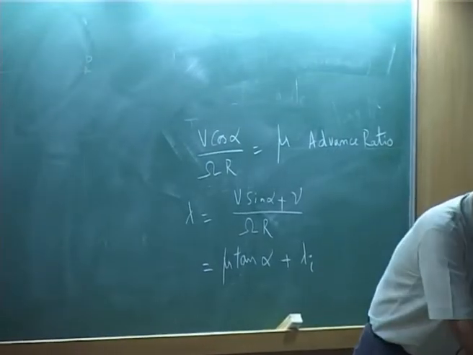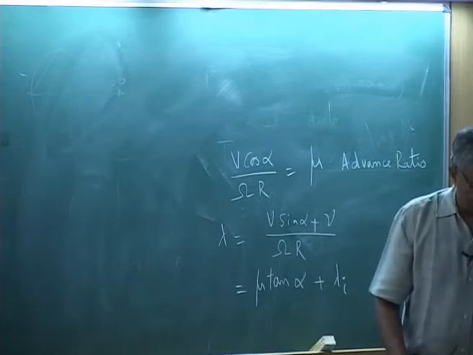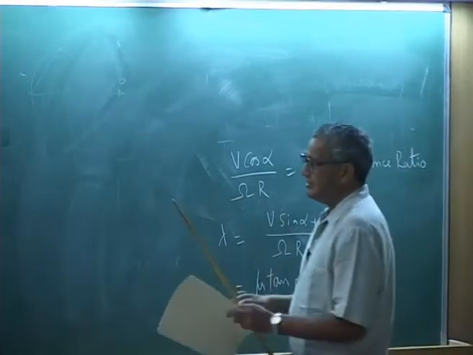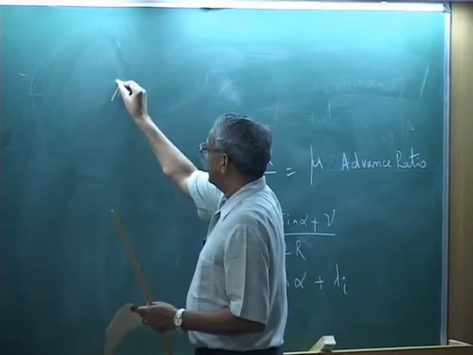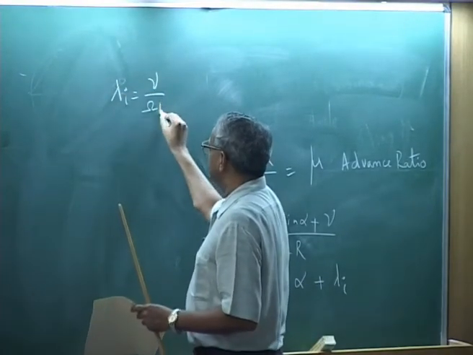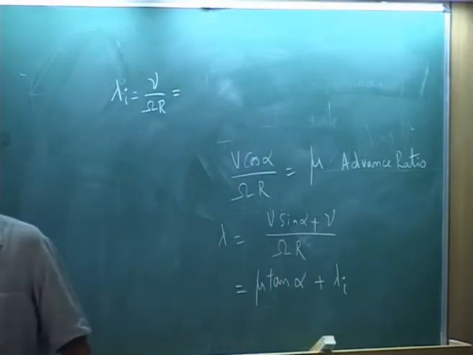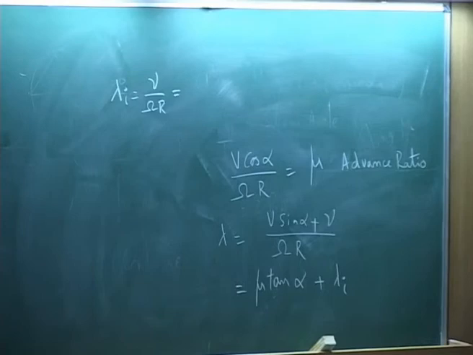I will just briefly write that. Lambda i is nothing but nu over omega r. This you obtain from this expression here.